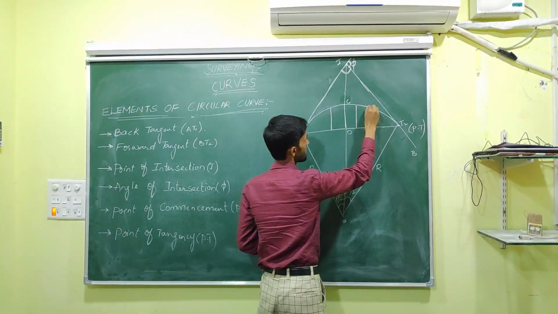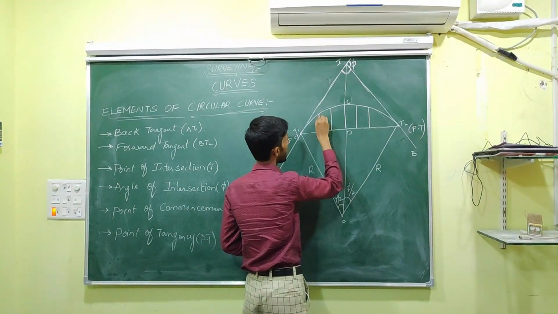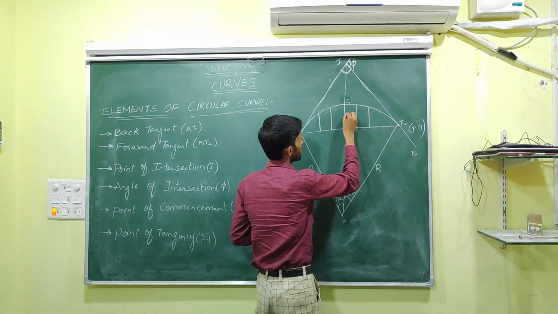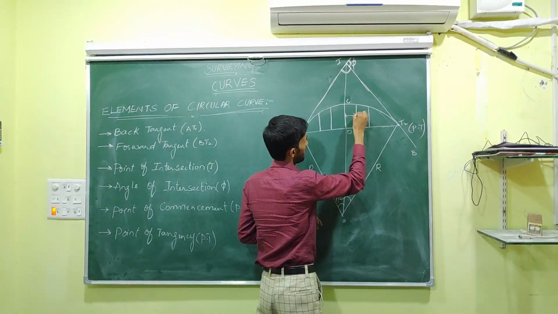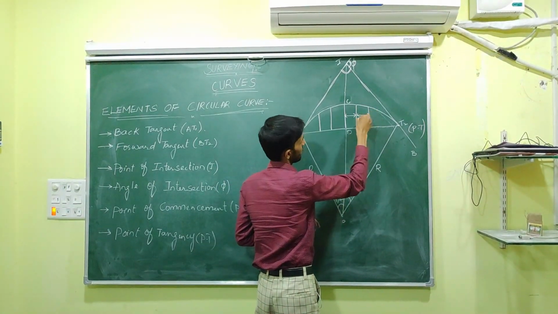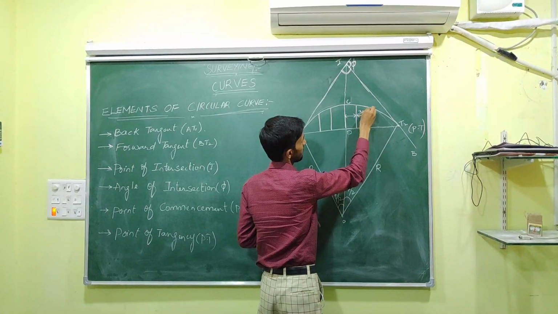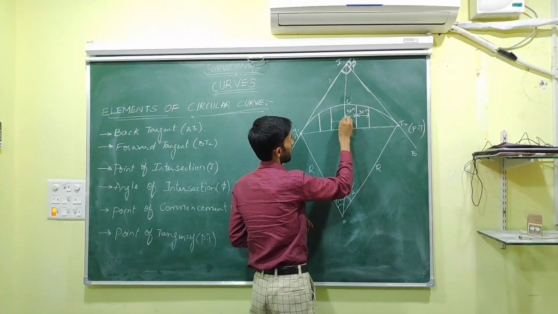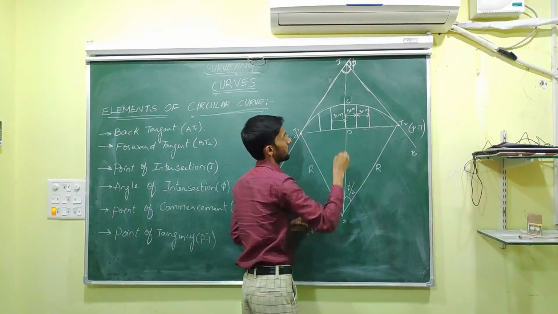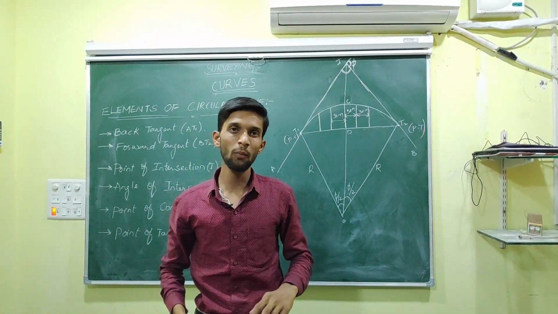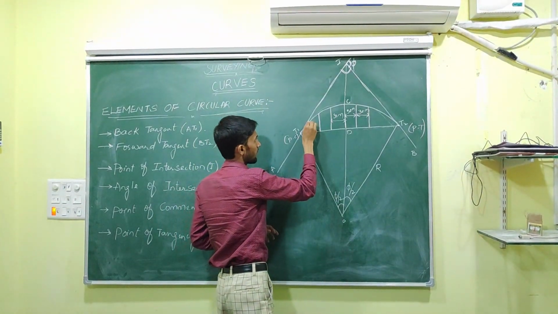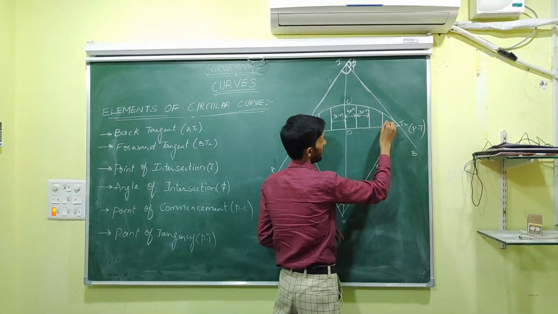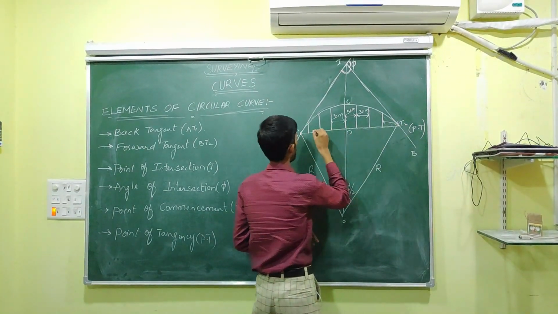Suppose the distance between the two chords is 30 meters, then those chords are called normal chords. If the distance between these chords is less than 30 meters, then it is called a subchord.